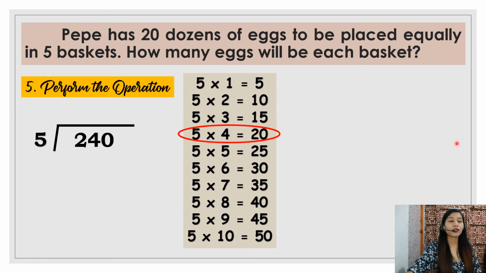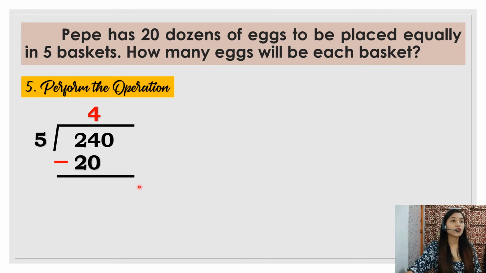So 24 divided by 5 is 4. So 4 times 5 is 20. And then we subtract. So 24 minus 20: 4 minus 0 is 4. 2 minus 2 is 0. So we don't need to write it. And then we're going to bring down 0.